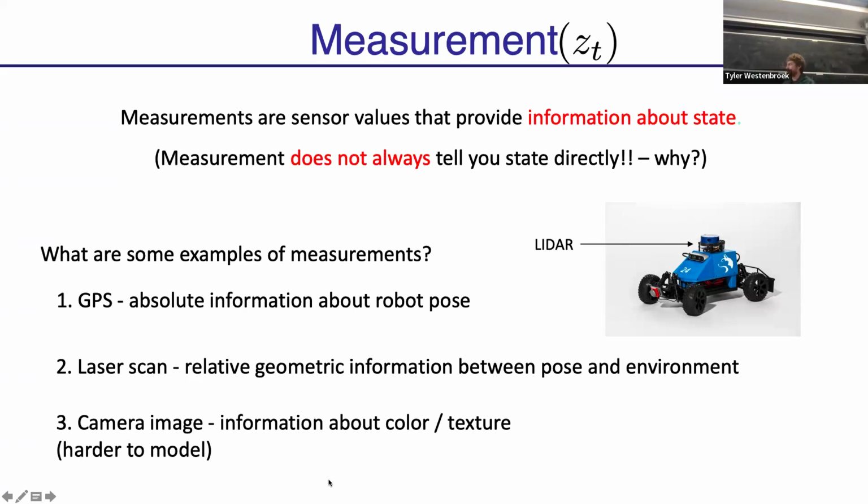This gets even harder when you use even more complex modalities to try to estimate and represent the world. A lot of autonomous vehicles, for example, have an RGB camera, which they use to try to extract information about the quote unquote state of the world around them for things like pedestrians. And it gets way more complicated to write down what state even is in those settings, and how the measurements you're taking correspond to those.